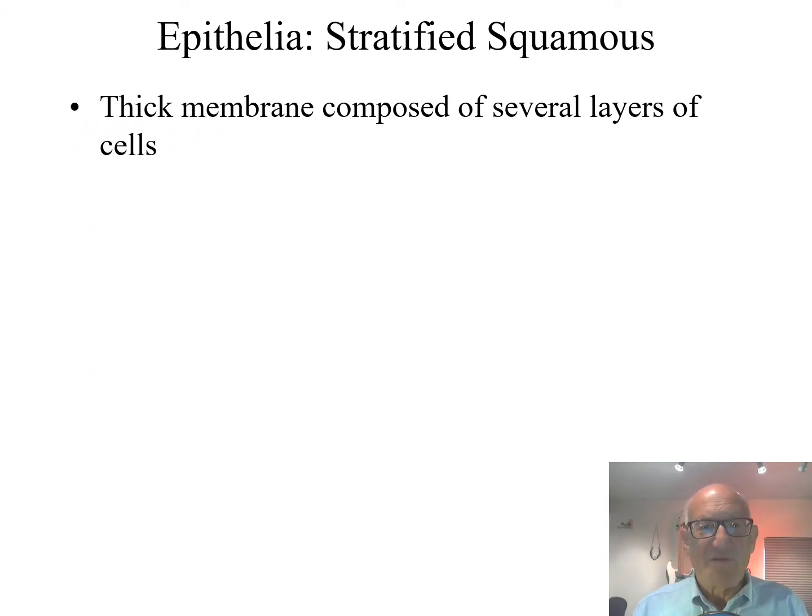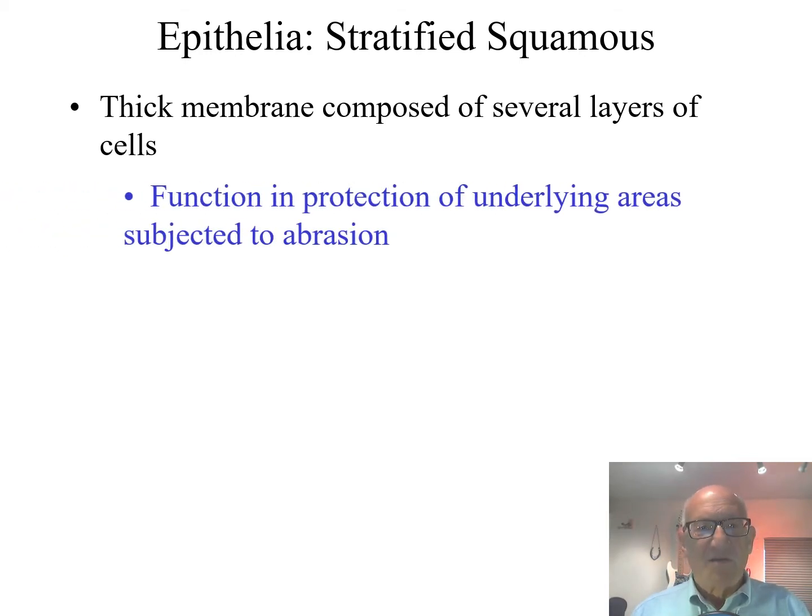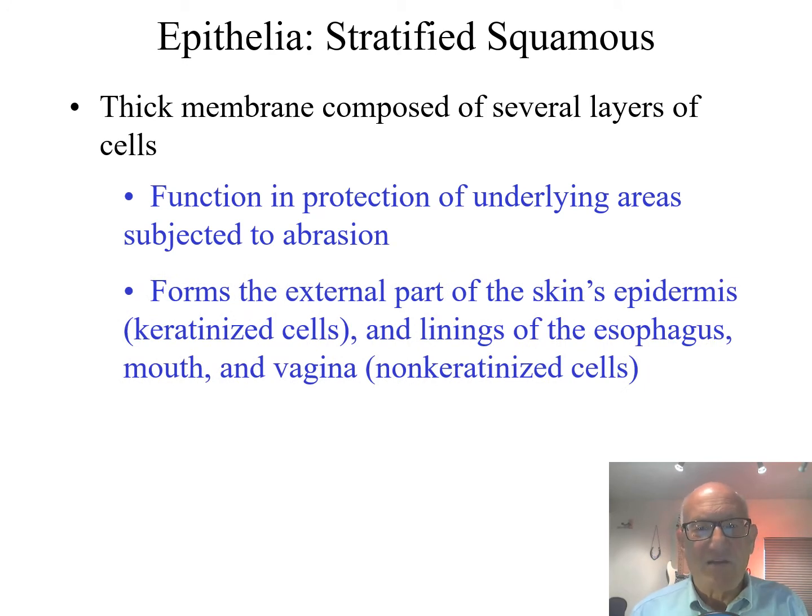Stratified squamous epithelium is a thick membrane composed of several layers of cells. They function in protection of underlying areas subjected to abrasion. They form the external part of the skin's epidermis. These are keratinized cells. They have the protein keratin in them.